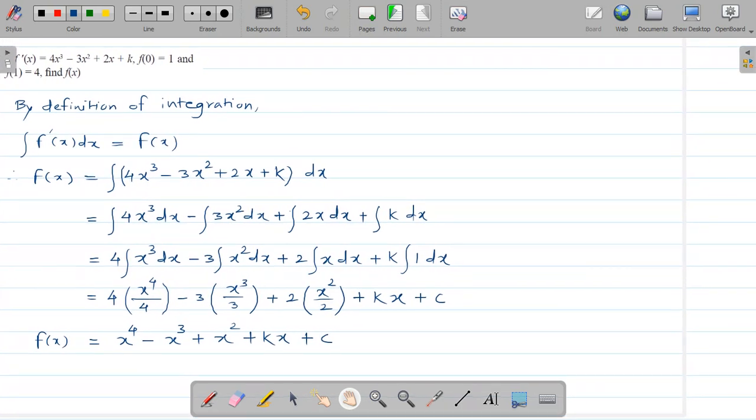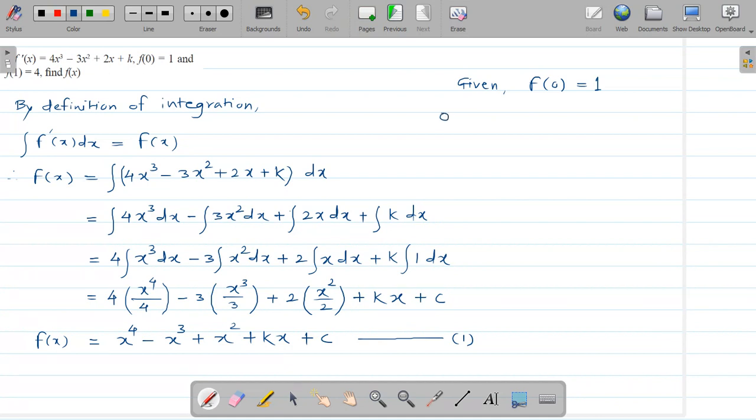So first of all, it is given that f of 0 is equal to 1, which means if you put the value of x equal to 0, then you will get f of x equal to 1. So in this equation number 1, you put x equal to 0.